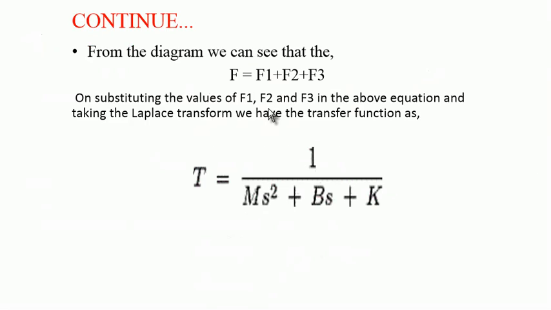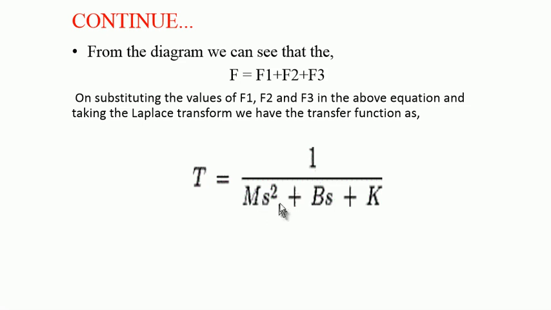Next, from the diagram you can see that f is equal to f1 plus f2 plus f3. On substituting the values of f1, f2 and f3 in the above equations and taking the Laplace transform, we have the transfer function as 1 by ms square plus bs plus k.